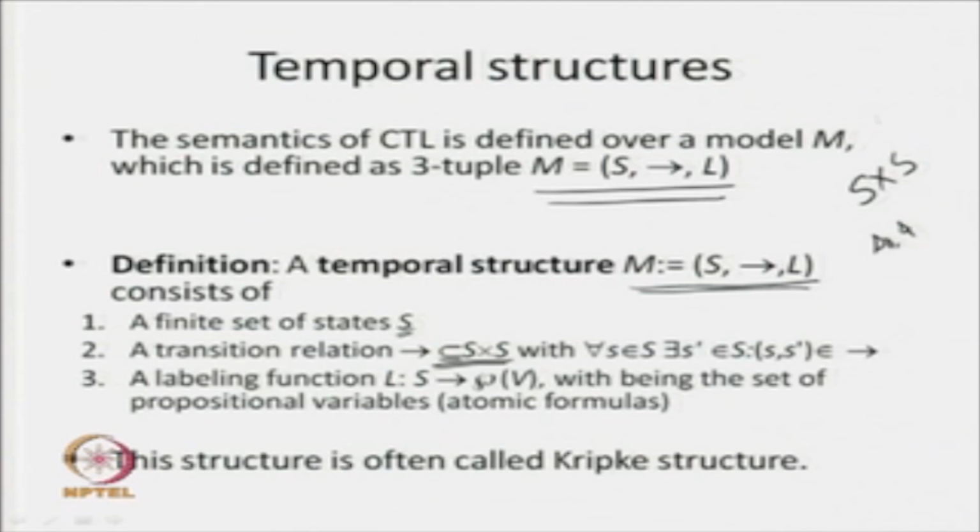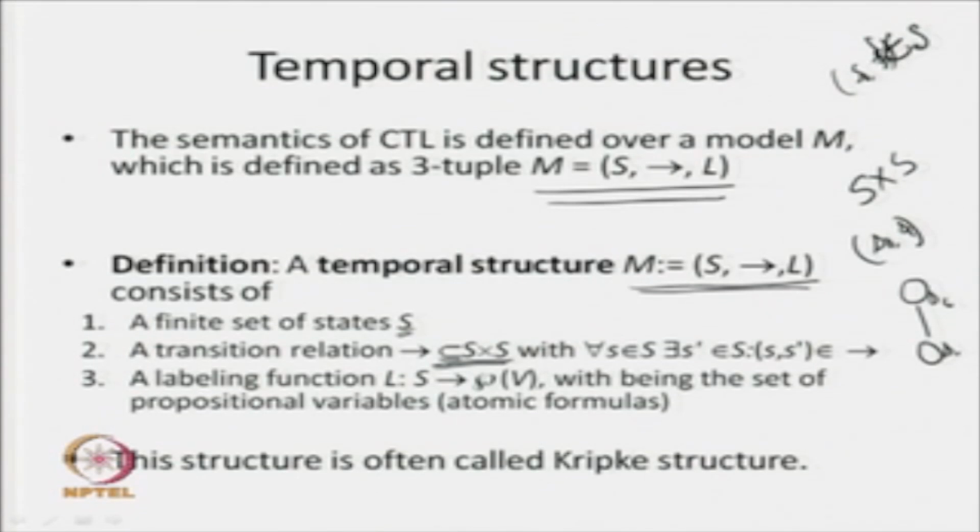Say if S 0 and S 1 belong to S, then (S 0, S 1) will be a component in this Cartesian product. What does it mean? That means we have a transition from S 0 to S 1. So, the second component is the transition relation, which is a subset of the Cartesian product of S and S.